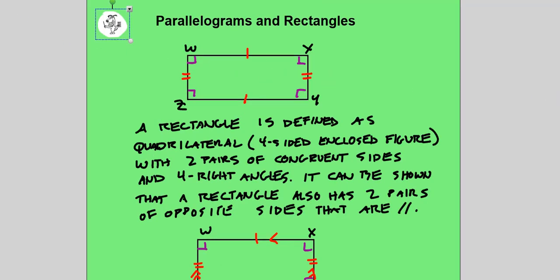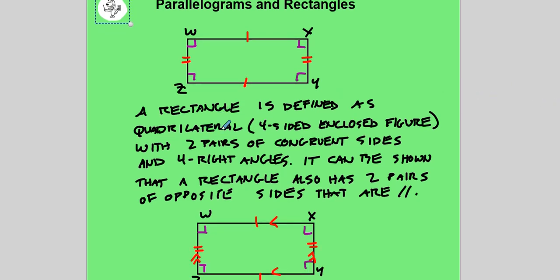All right, let's talk about rectangles and parallelograms for a moment. A rectangle is defined as a quadrilateral, a four-sided enclosed figure, with two pairs of congruent sides that are opposite each other, and four right angles.